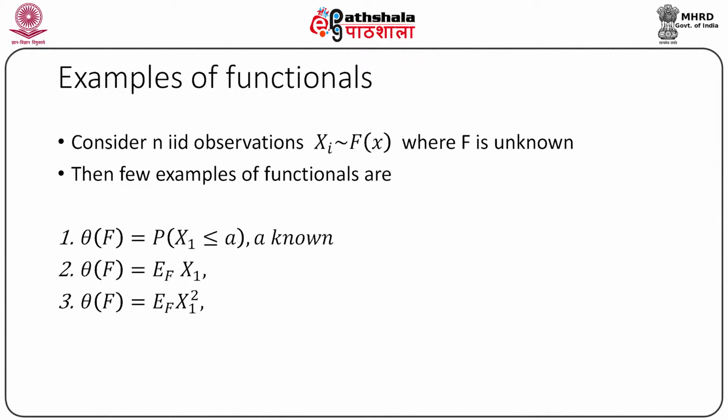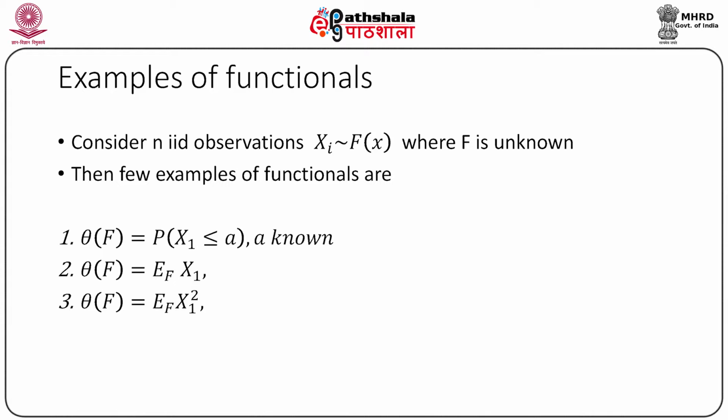Then a few possible functionals are: number 1, theta equal to the expected value of the indicator X less than or equal to a, where a is known, under F. As our next example, we consider the expected value of X, where the class script F contains all distribution functions with finite expectation.